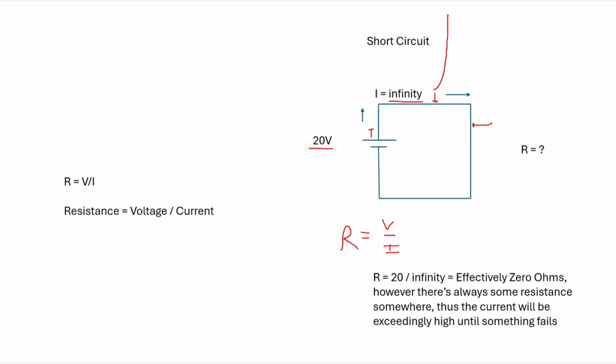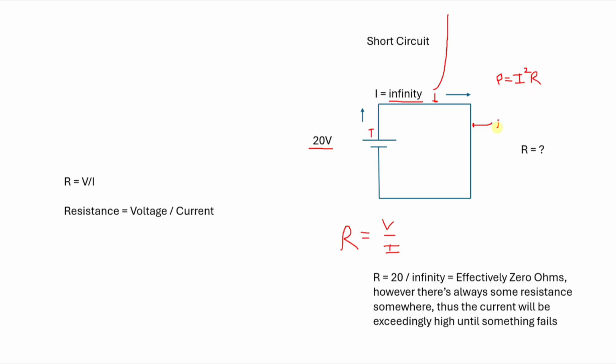And as this current approaches infinity, well, power, one equation for power dissipation is I, current squared, times resistance.